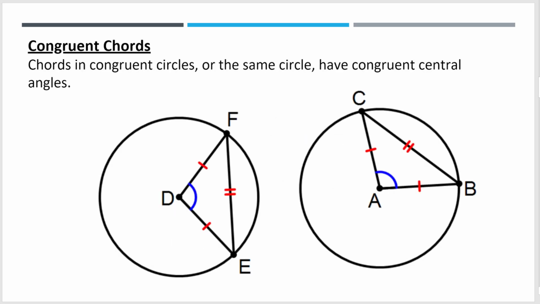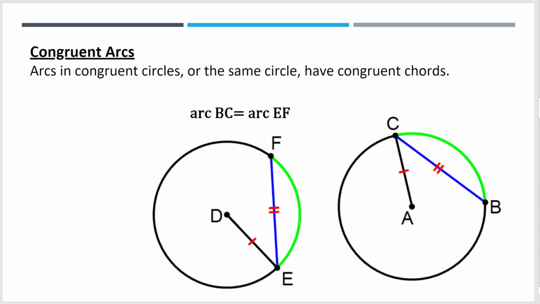Congruent chords: chords in congruent circles or the same circle have congruent central angles. So what that means is if you look at the left-hand circle and the right-hand circle, if the circles are congruent, and FE is congruent to CB, then the angles at D and A are also congruent.